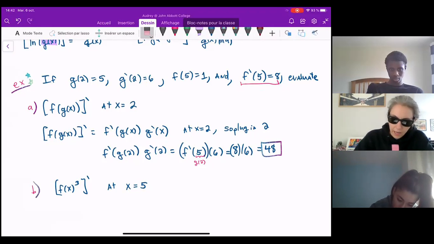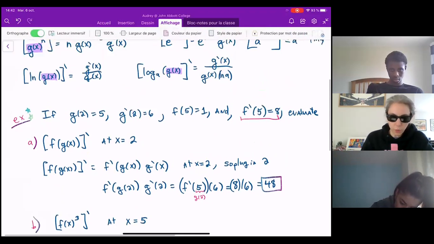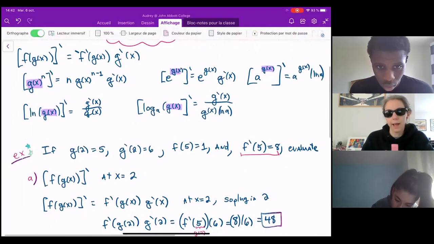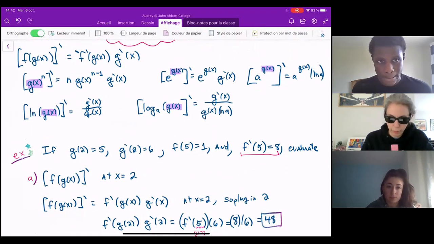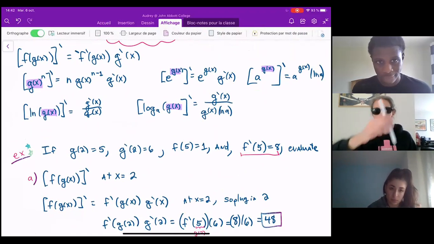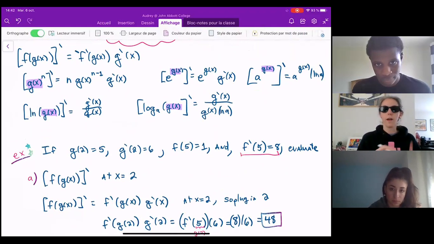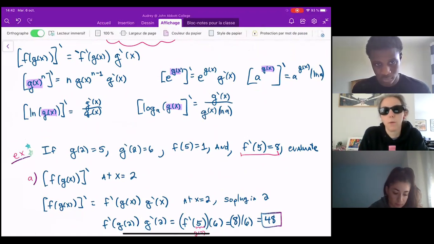So again, here we're just applying a rule. Which one of my rules up here am I going to apply? We have 1, 2, 3, 4, 5 of them. So if we start at the beginning, the g of x to the n is 1, then 1, 2, 3, 4, 5. Which one of those 5 rules am I going to apply?